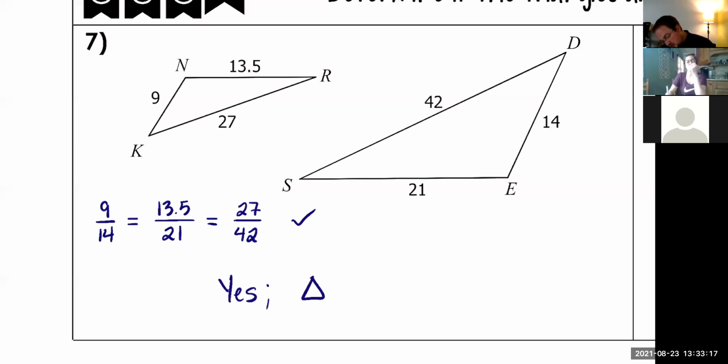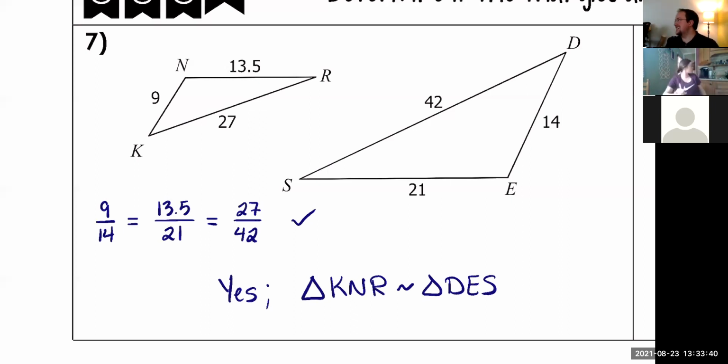So I would say triangle KNR is similar to DES. Actually, making a P look like an R doesn't look right.